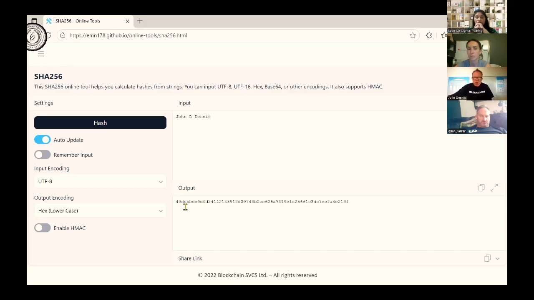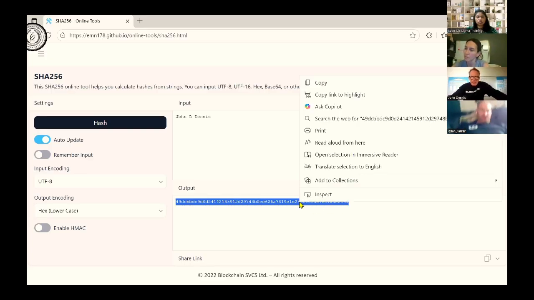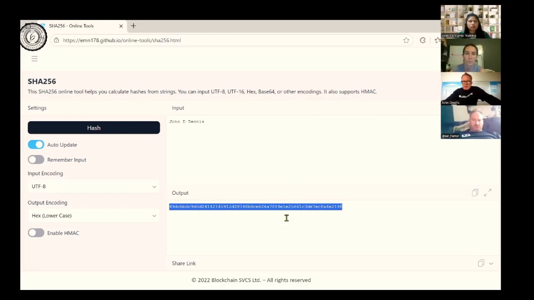Let's just do a quick check. Type in, what is the length of a SHA-256 hash? I think it's 42. What's the length of the hash? How many characters? 32, 40, 64. So SHA-256 is 64.